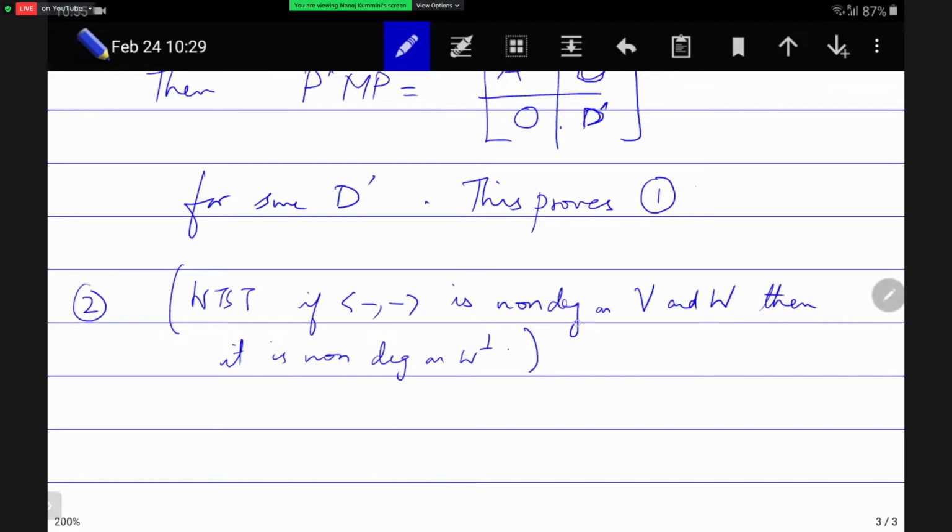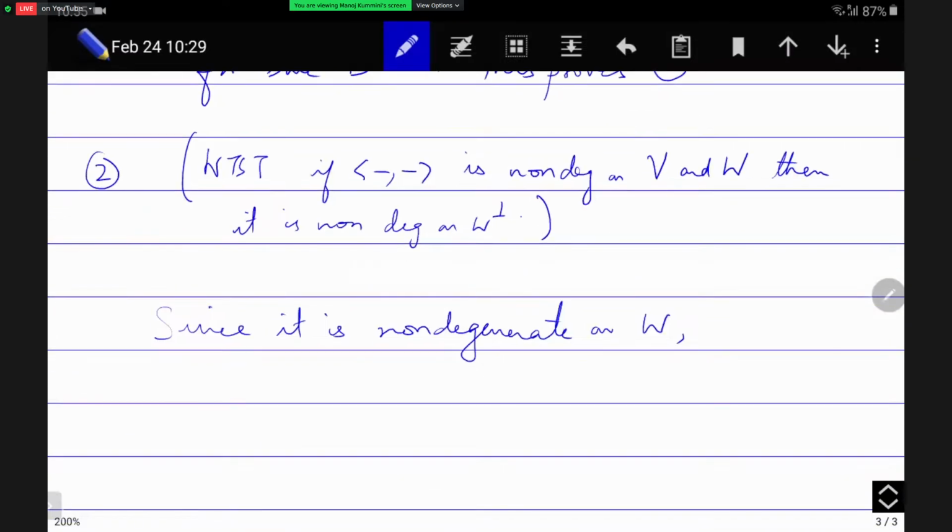Since it is non-degenerate on W, V is the direct sum of W with its orthogonal space, W perp, by part one.